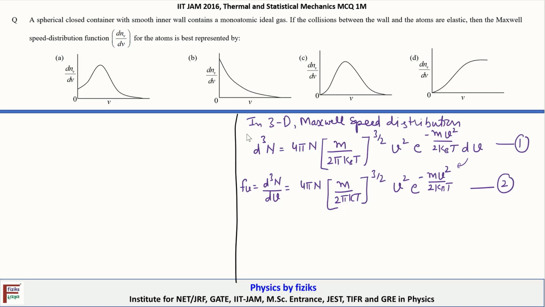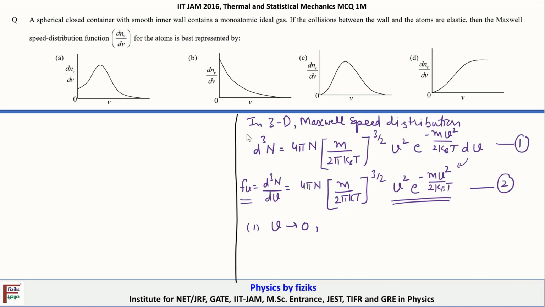Now we can determine its behavior as a function of speed v under two extreme conditions, and then we can determine in between by simply equating its differential of f(v) with respect to v equal to 0. So let's try to understand its functional behavior under two extreme conditions. The first is when v approaches 0, that is when speed is 0, then what happens to this function f(v)?